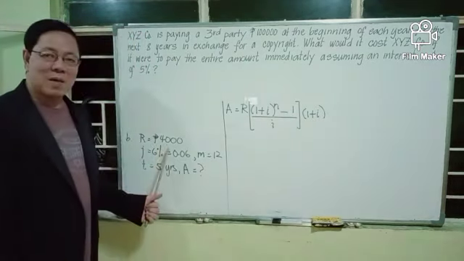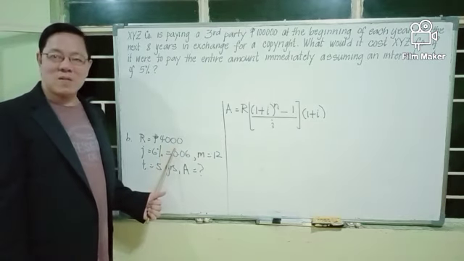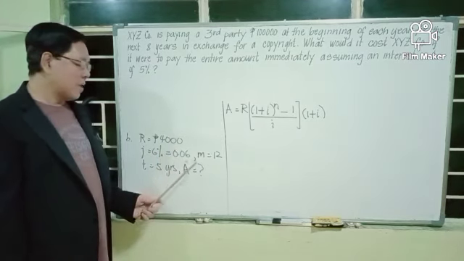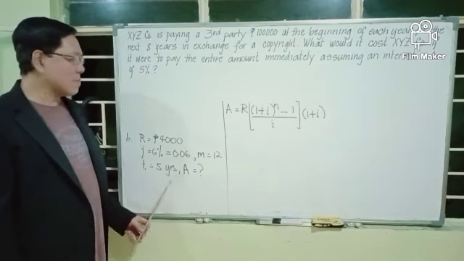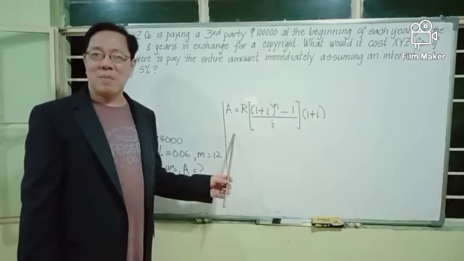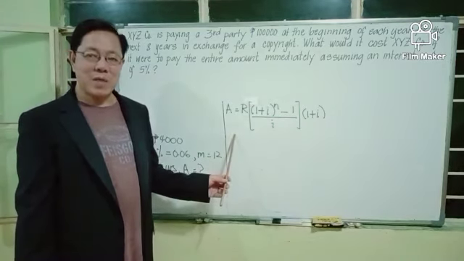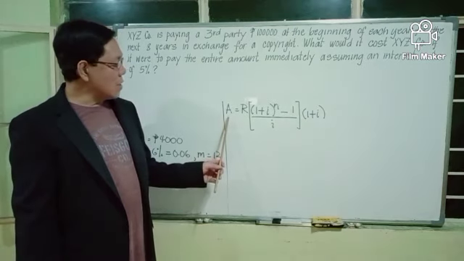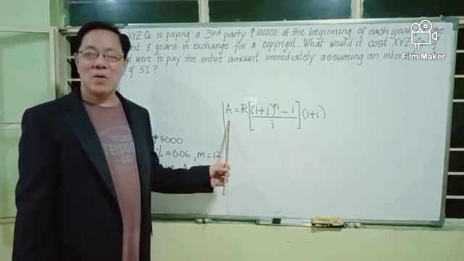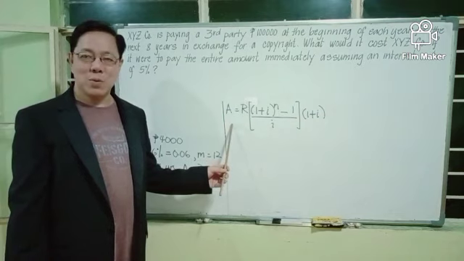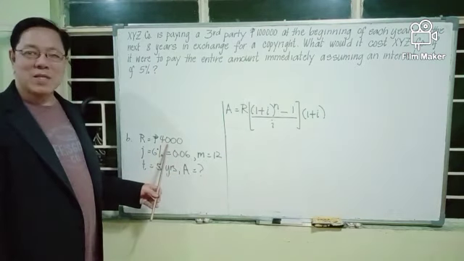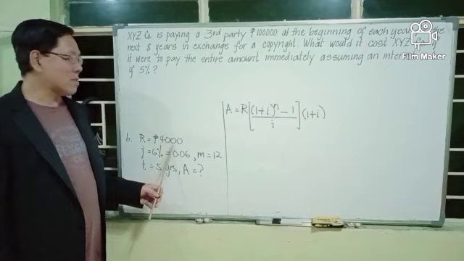where the regular payments are 4,000 pesos to be paid at the beginning of each month for 5 years. Since the payments are to be made at the beginning of each period, each month, we want the accumulated value of this annuity due with payment of 4,000 pesos at the beginning of each month.